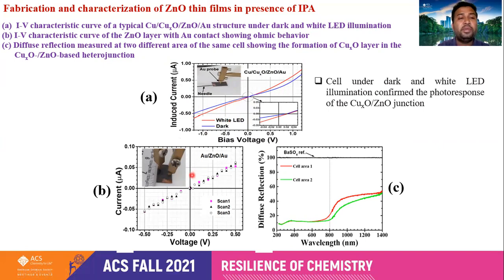And graph B represents the I-V characteristic curve of the zinc oxide layer with gold contact showing ohmic behavior, and graph C represents the diffuse reflection at two different areas of the same cell, showing the formation of the copper oxide layer in the copper oxide-zinc oxide based heterojunction.